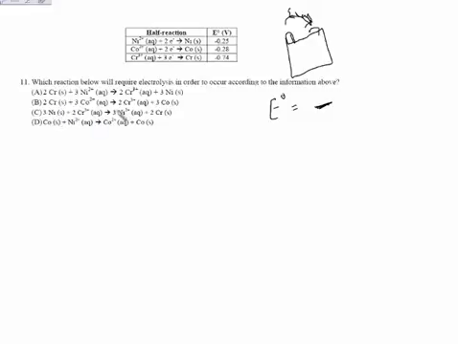See, the nickel is oxidized and the chromium is reduced. So the nickel being the oxidized one means it's going to go in the back here. Okay, and then the chromium being the reduced one would be as written here, the -0.74 minus a negative.